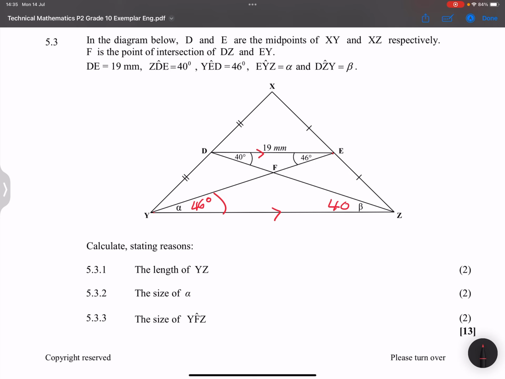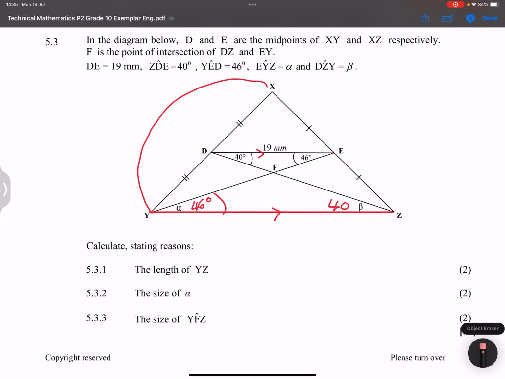So we are looking for the length of YZ. Now, guys, I want you to please note this. If I'm looking at the midpoint theorem, it simply says, if I take XD divided by XY, XY would be twice XD.